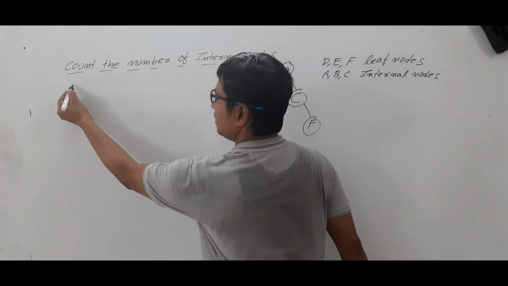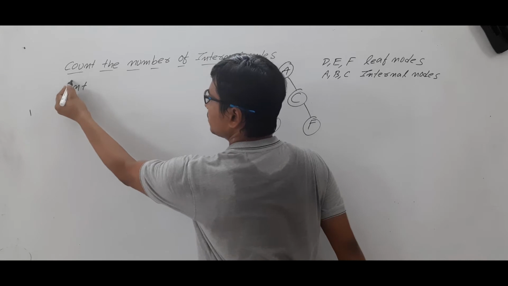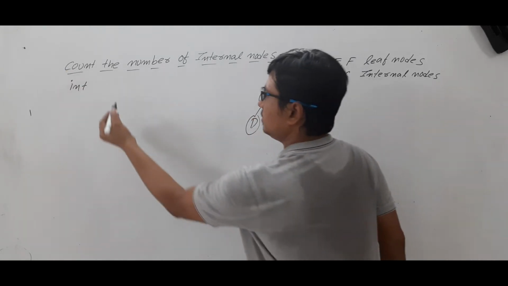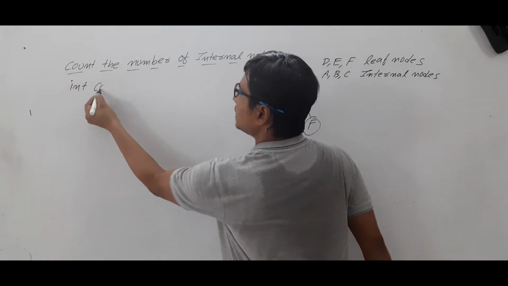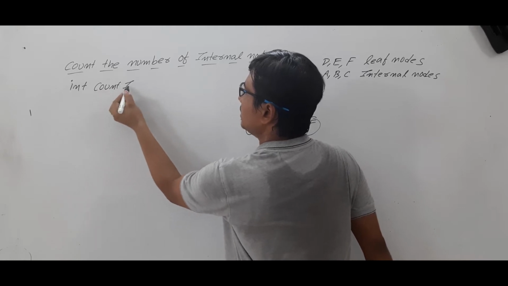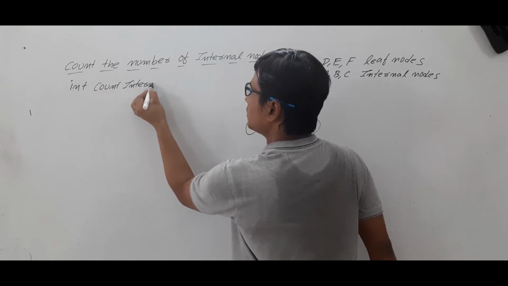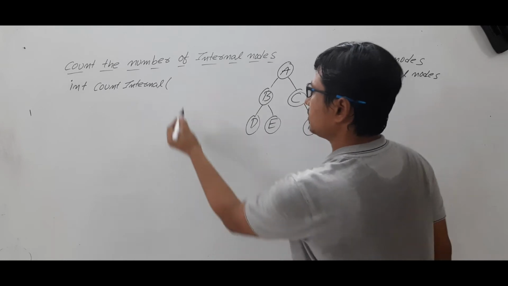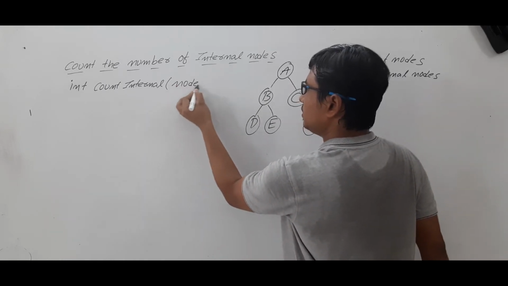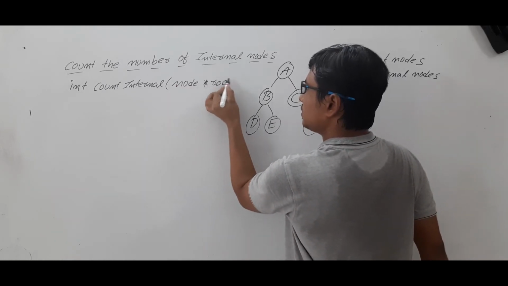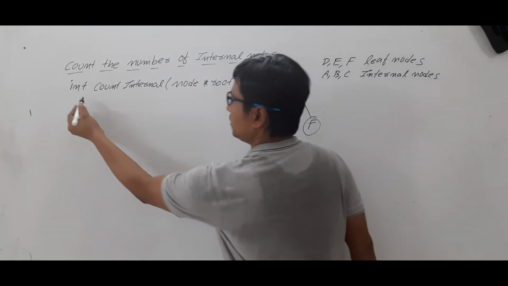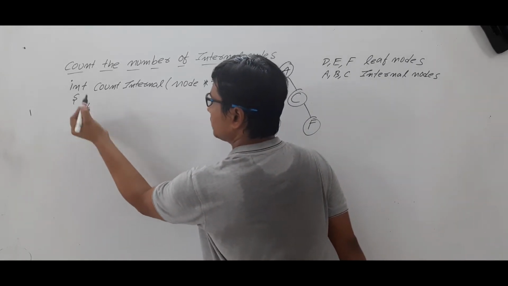Okay, this function needs to return an integer value. So int count internal node star root. I need to open the function.